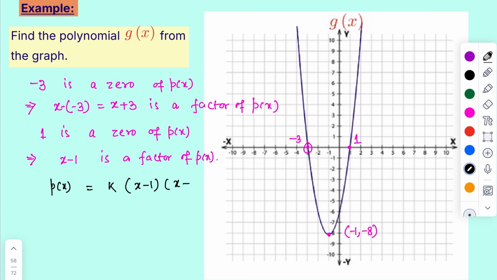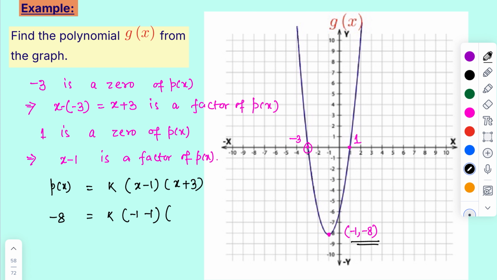Now we will form the polynomial. The polynomial p of x will be equal to k into the factors x minus 1 into x plus 3. Now we have to find out the value of k. The value of k can be found by putting the values of the vertex coordinates.